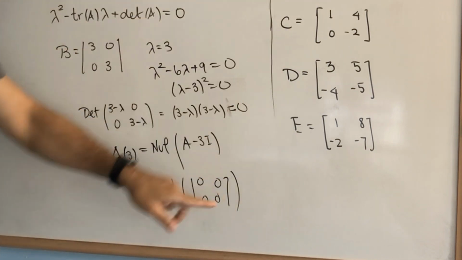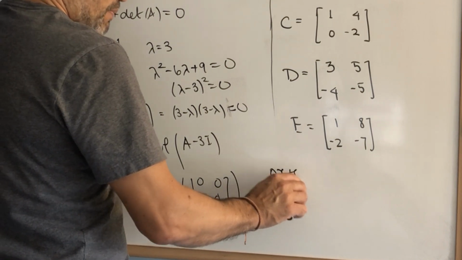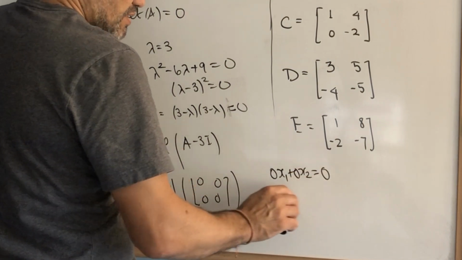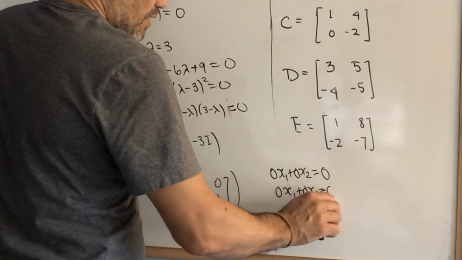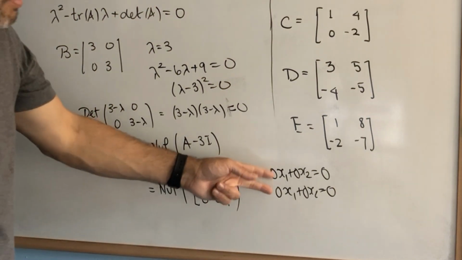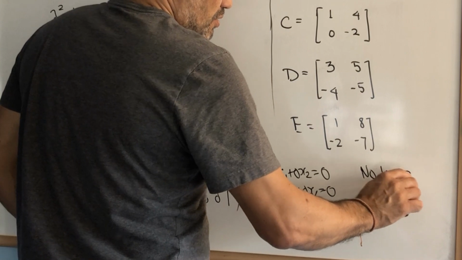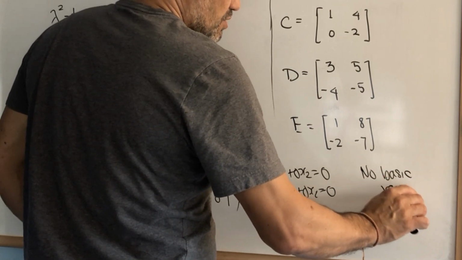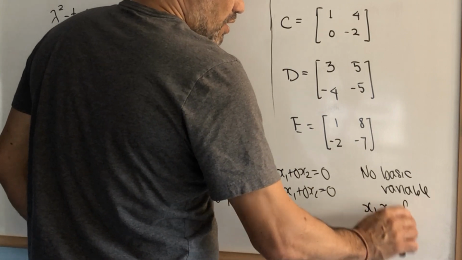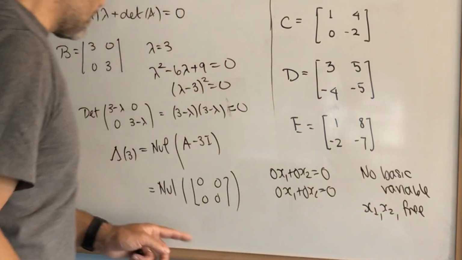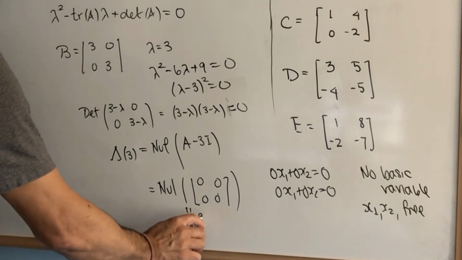What is the null space of this matrix? Let's set up the equation. We get 0 x1 plus 0 x2 equals 0, and 0 x1 plus 0 x2 equals 0. What are the basic variables? There are no basic variables, and there are two free variables. x1 and x2 are free. That means that this null space is just going to be the whole R2.